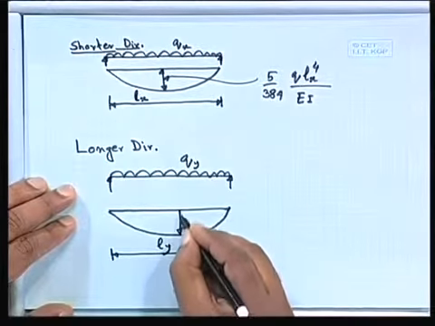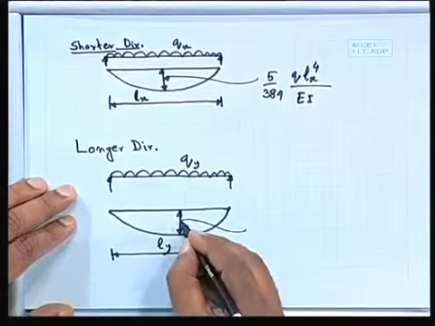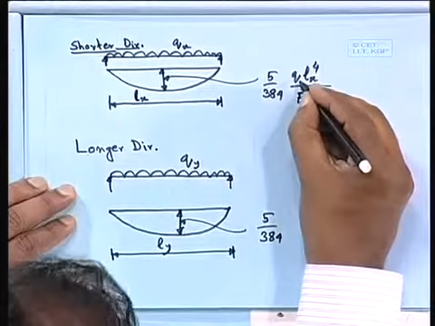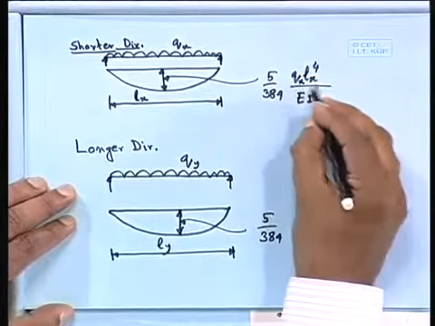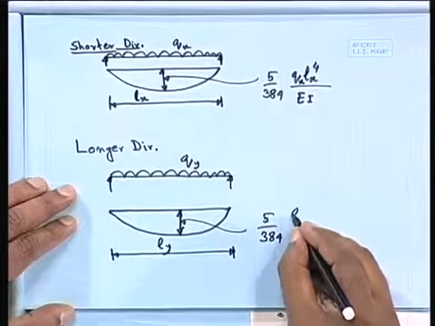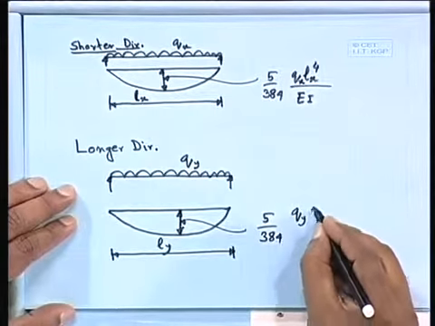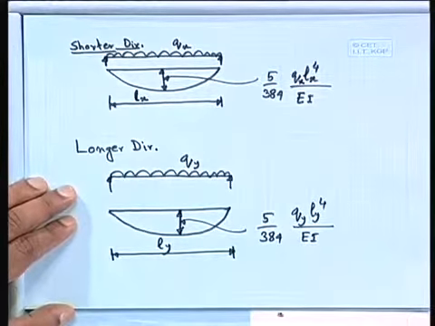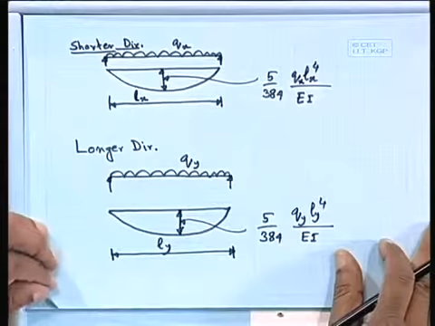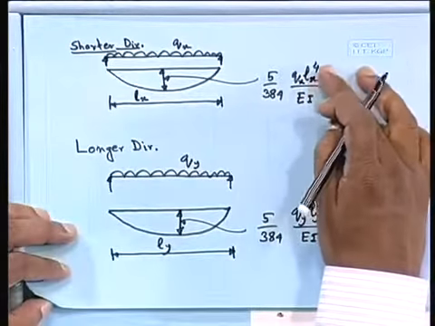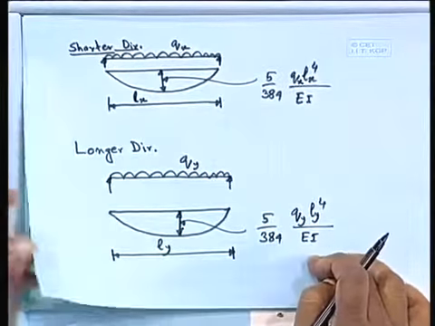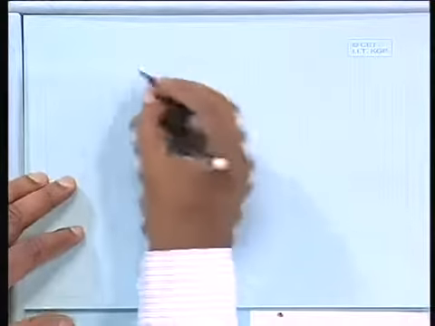So, this deflection will be equal to 5/384, sorry, here I forgot to write, this is Qx, Qx Lx to the power 4 by EI, and this one will be Qy Ly to the power 4 by EI, okay, and these two should be equal. So, 5/384 Qx Lx to the power 4 by EI and 5/384 Qy Ly to the power 4 by EI should be equal, since there is no disconnection in the slab.